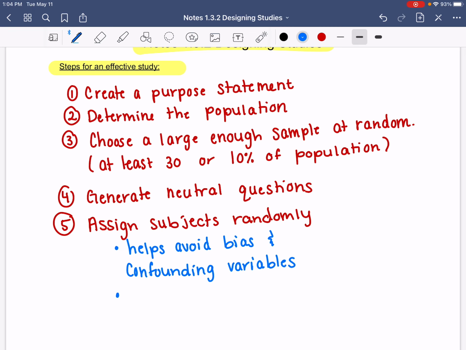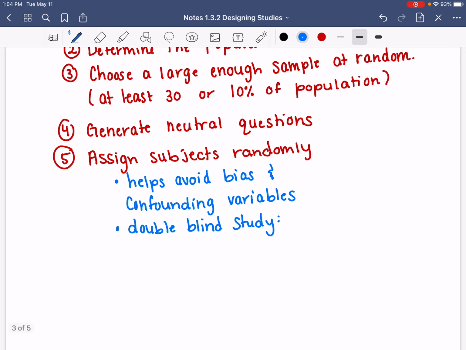And then something that I mentioned last set of notes is a double-blind study, where neither the participant nor the researcher knows which group they're in.